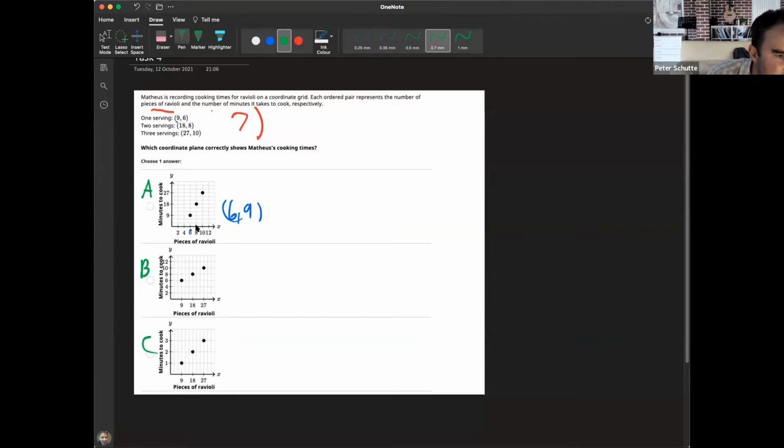The second one is going to be the 0.818. It seems like this is the other way around to me, so it can't actually be A. So let's try the second one. The second one's first point is 9.6.